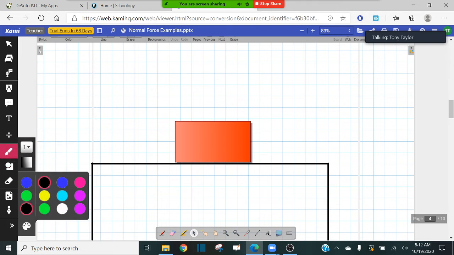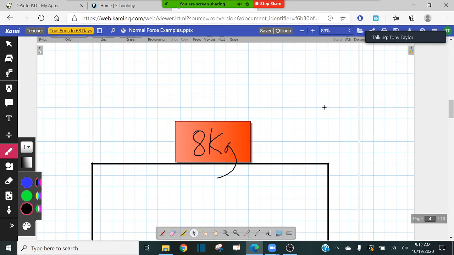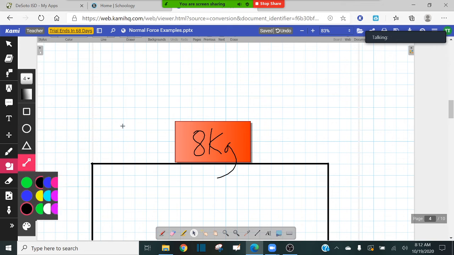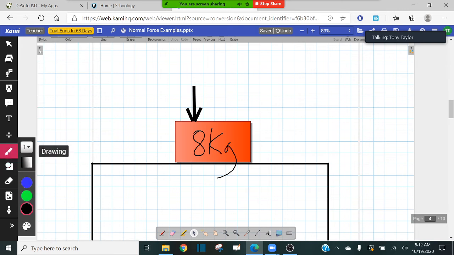So, an 8-kilogram box, and let us suppose that I'm pushing down on the box. So I'm going to draw a downward force. Imagine that I'm pushing down on the block, and let's say the magnitude of the force that I'm pushing down on this block is 20 newtons.